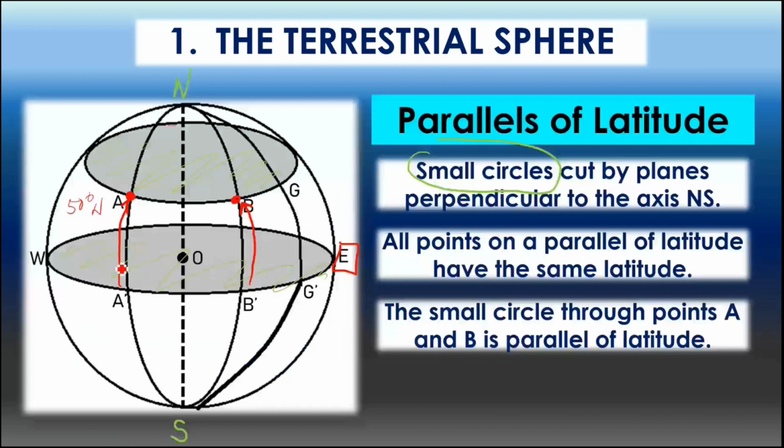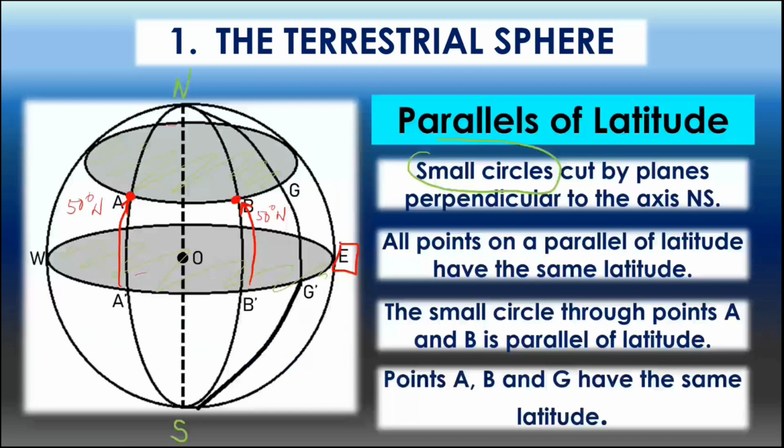Then point B also has a latitude of 50 degrees north, because from the equator going to that point, the angular distance is 50 degrees. So these two have the same latitudes.